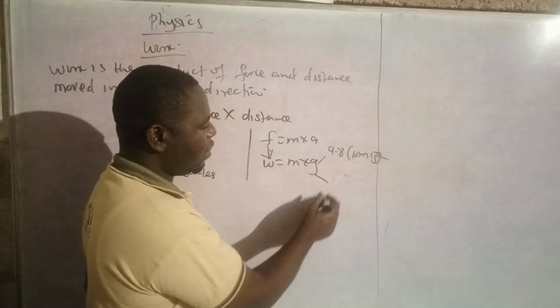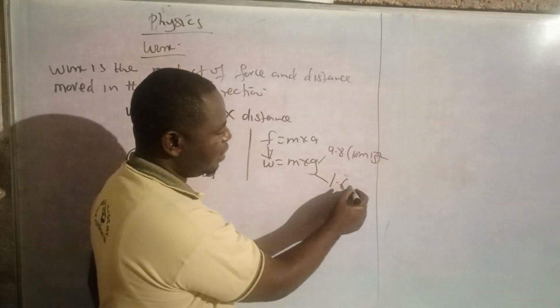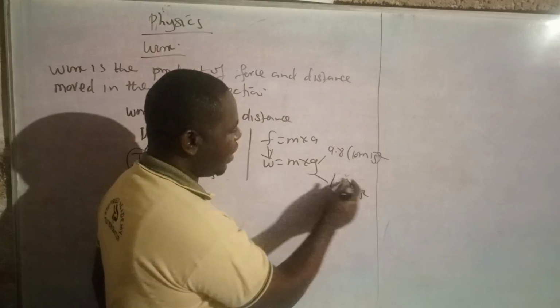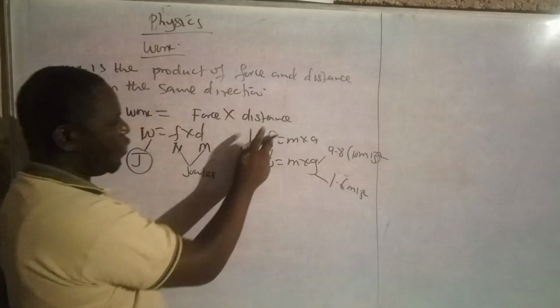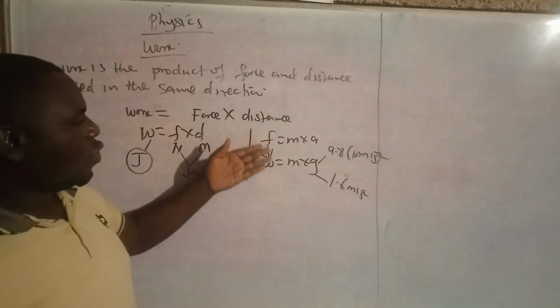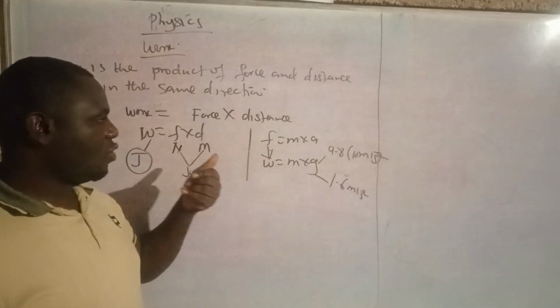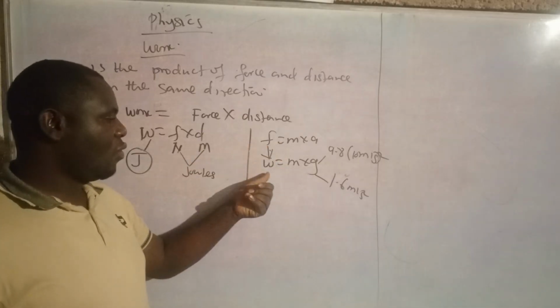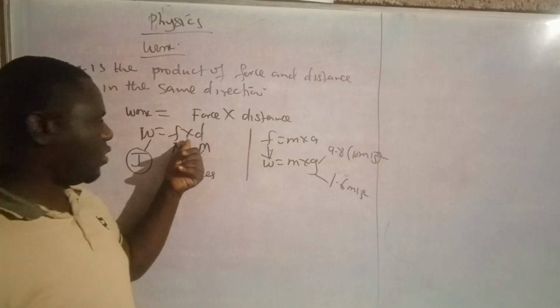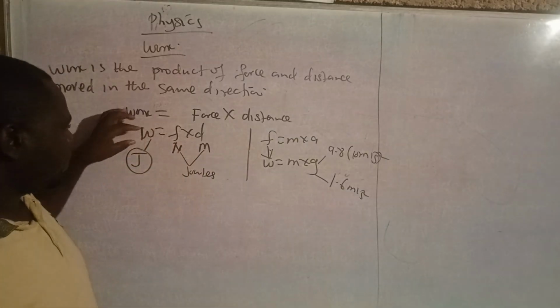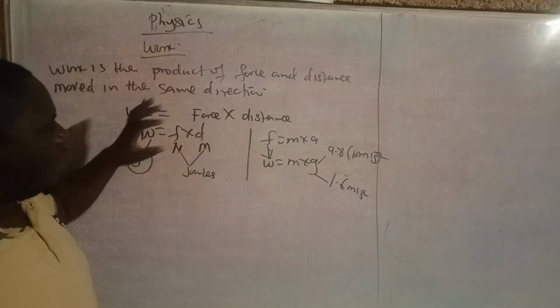Then on the Moon, it's 1.6 meters per second squared. So these two formulas can be used to find weight or force in a situation where the force or weight is not given in the question.